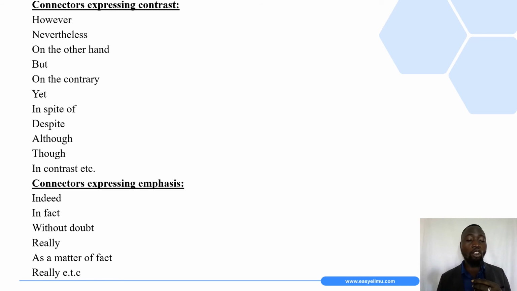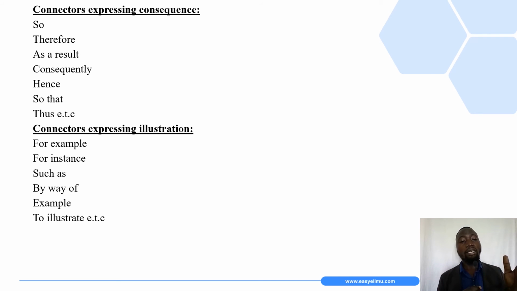Then there is also a group of connectors that play the role of expressing emphasis in sentences. Examples under this group are indeed, in fact, without doubt, really, as a matter of fact, etc.